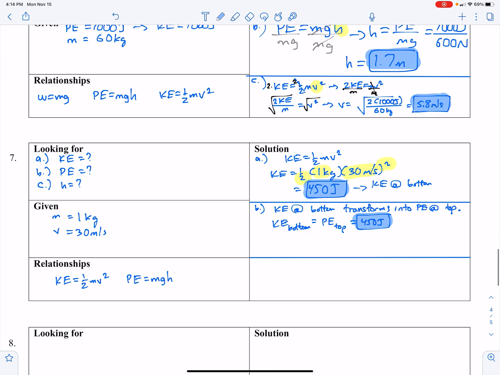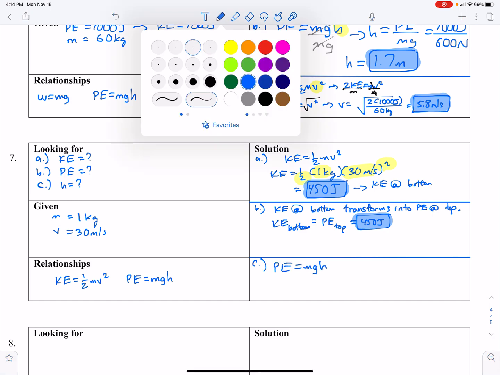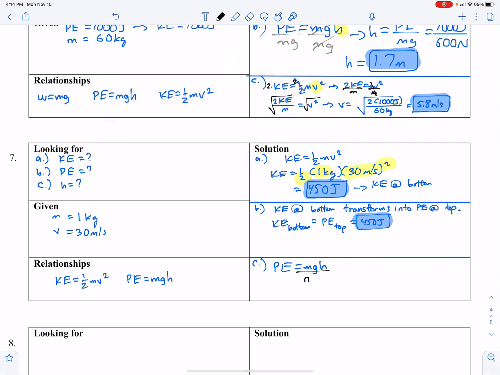And then finally in part C, to find the height, let's use the potential energy equation now that we have it and solve for the height. We're going to need to divide by mg to get h by itself.